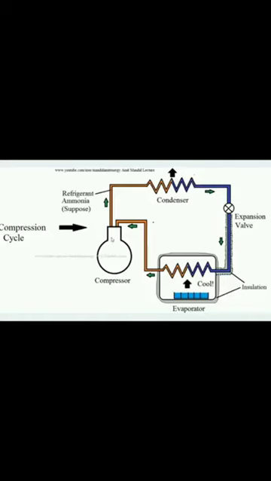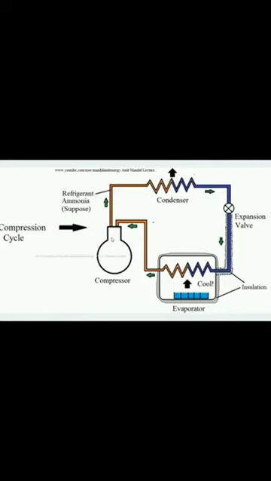So the ammonia refrigerant is converted into liquid, and after that comes the expansion valve, where there is an expansion and a decrease in the pressure. After that, the liquid ammonia, we can say low pressure liquid ammonia, goes towards the evaporator, where it absorbs the latent heat again and is converted into vapor.